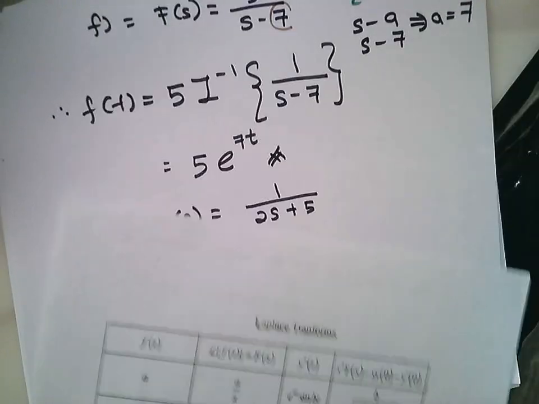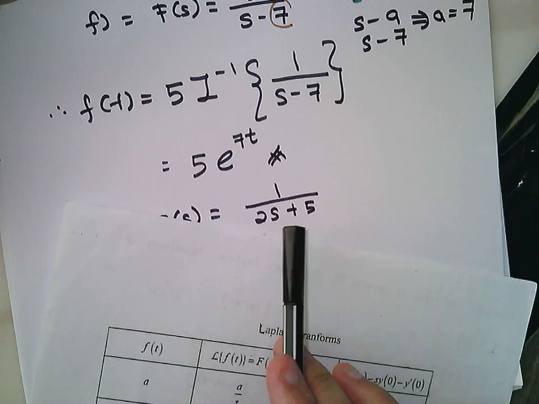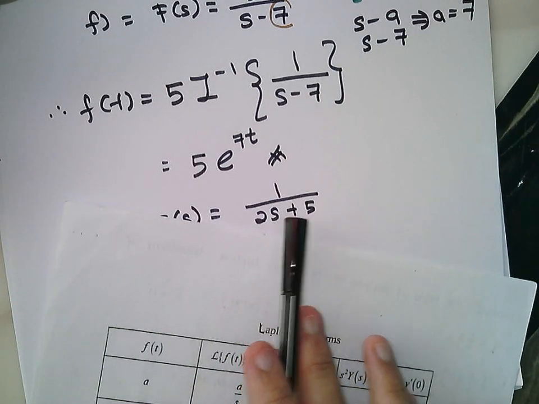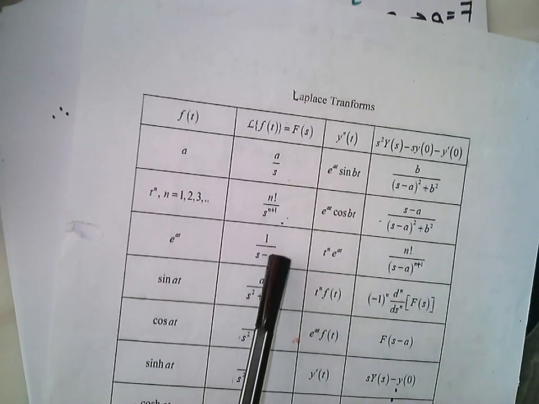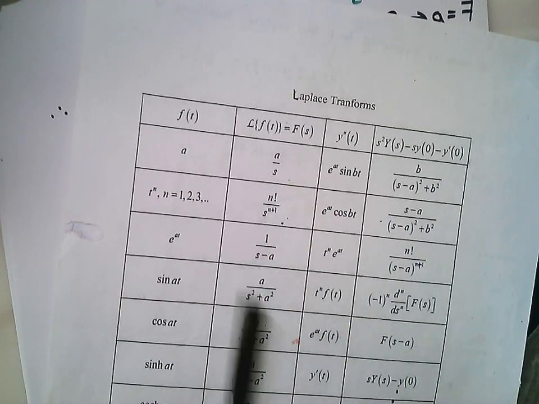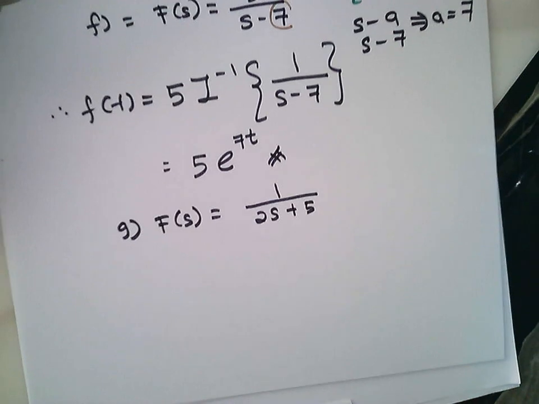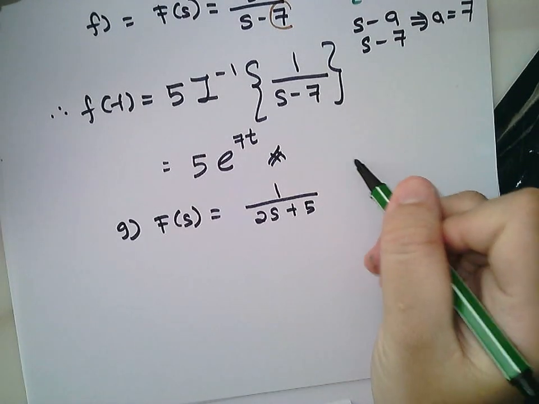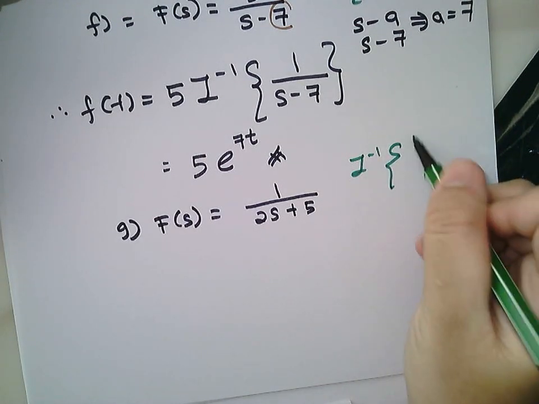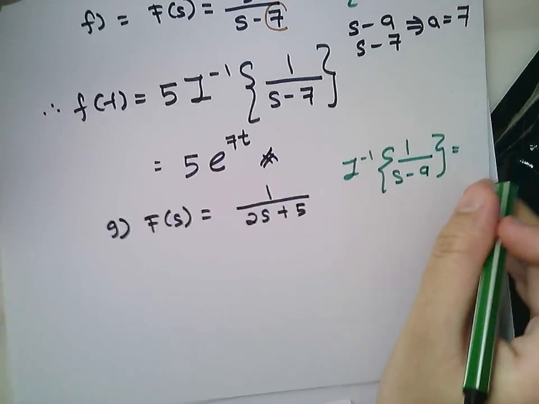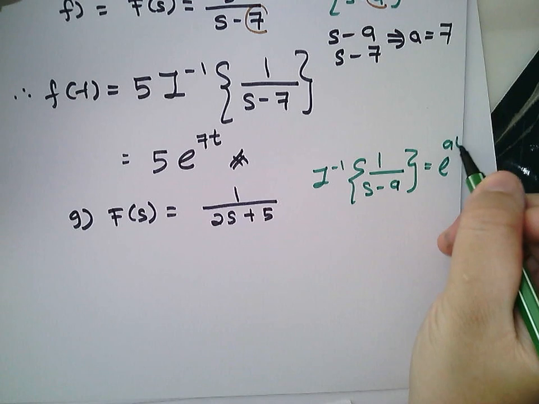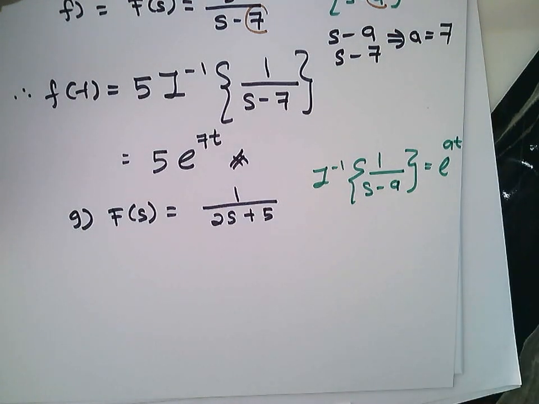So the nearest function to this one that you can choose is 1 over s minus a, still the same as the previous example. So Laplace inverse of 1 over s minus a is equal to e to the power of at. But be careful.